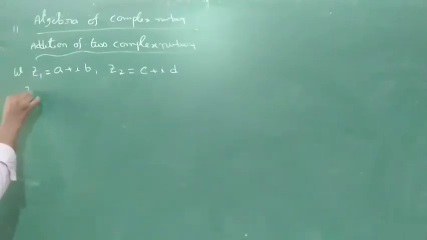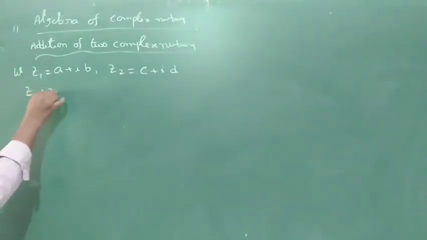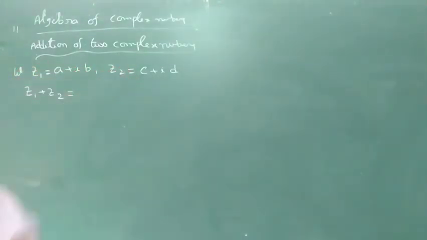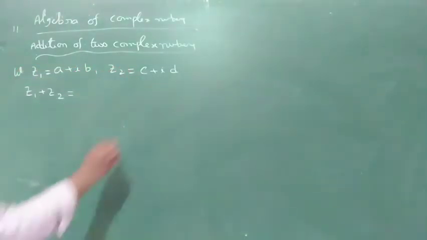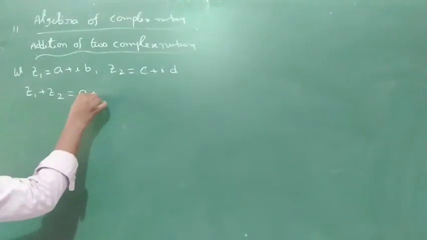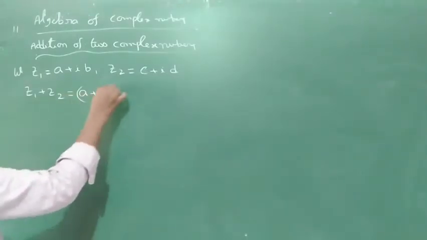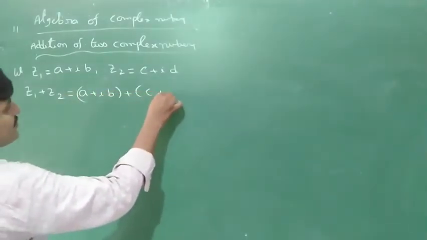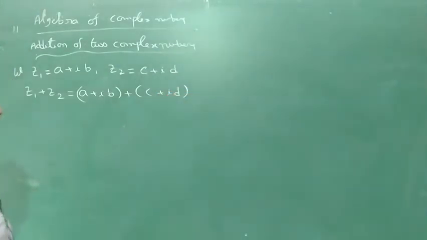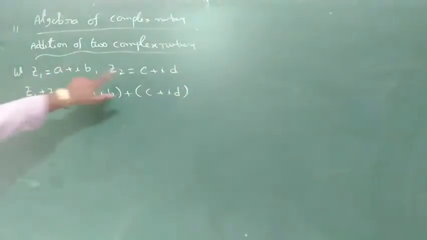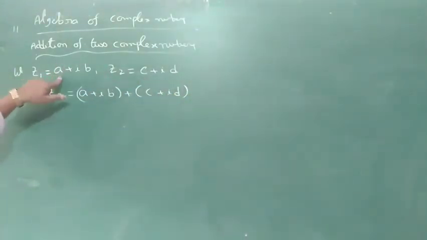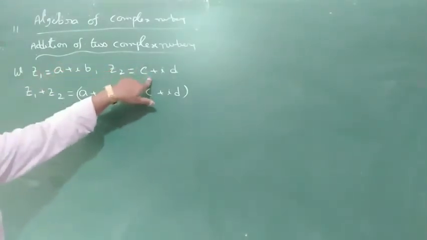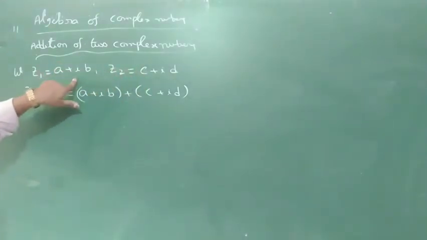So the sum Z1 plus Z2 is the addition of two complex numbers. Z1 plus Z2 is equal to a plus ib plus c plus id. Adding the first complex number's real part to the second complex number's real part, plus the first complex number's imaginary part to the second complex number's imaginary part.